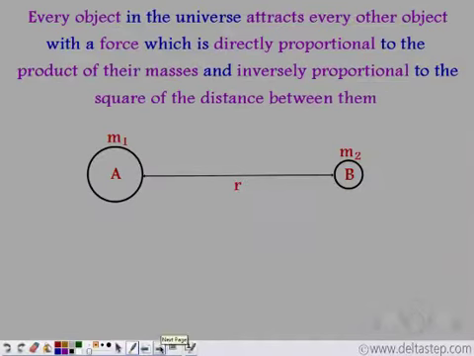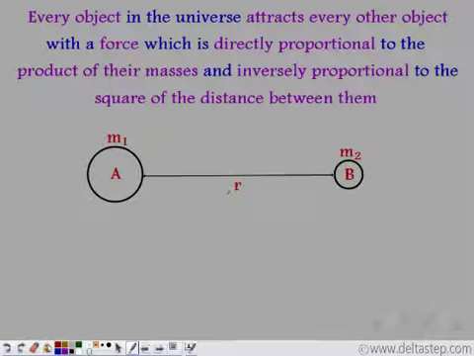So what this law is trying to state is that if we have two objects, say A and B, the mass of A is m1, the mass of B is m2, and the distance between A and B is r.